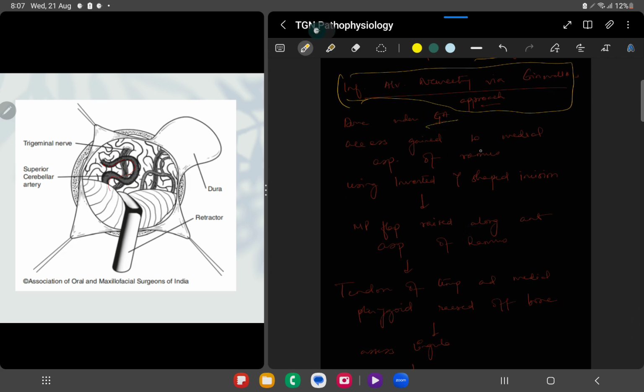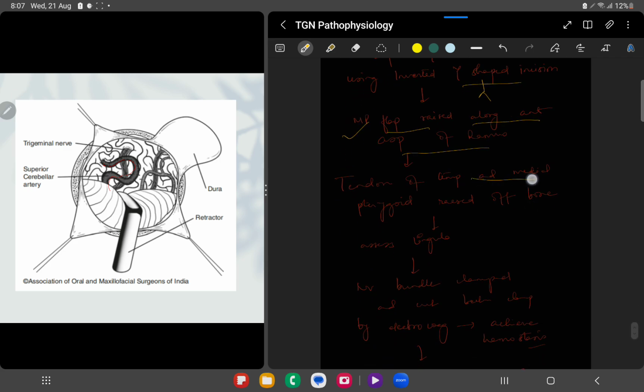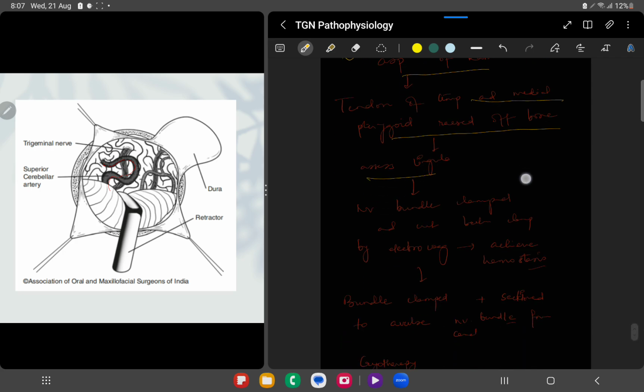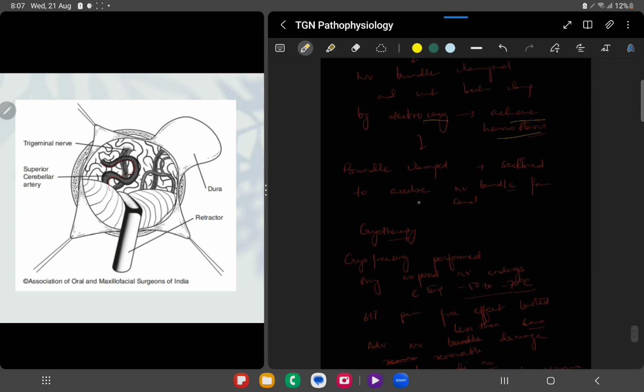Access is gained to the medial aspect of the ramus using an inverted Y-shaped incision, and a mucoperiosteal flap is raised along the anterior aspect of the ramus. The tendon of temporalis and medial pterygoid is raised off the bone, and access is gained to the lingula. The nerve bundle is clamped and cut below the clamp, with electrocoagulation to achieve hemostasis. The bundle is clamped and sectioned to avulse the nerve bundle from the canal.